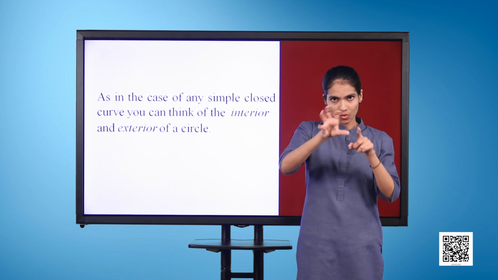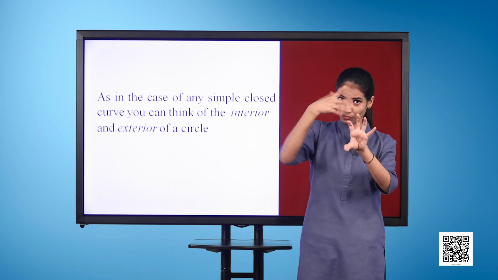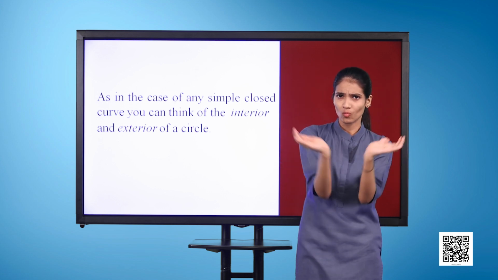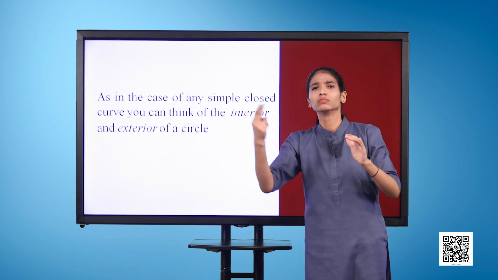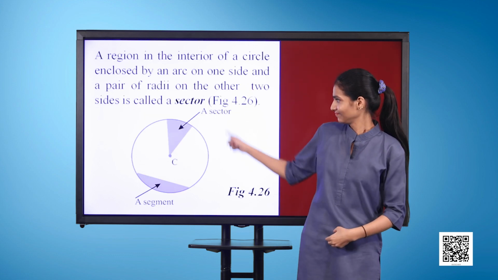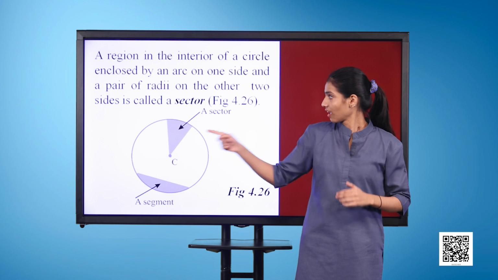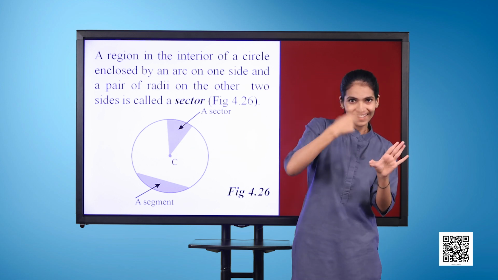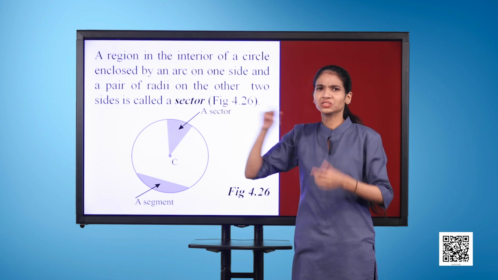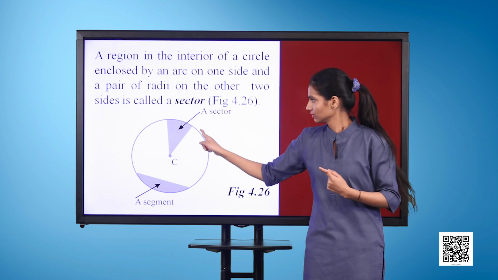As in the case of any simple closed curve, you can think of the interior and exterior of a circle. A region in the interior of a circle enclosed by an arc on one side and a pair of radii on the other 2 sides is called a sector.